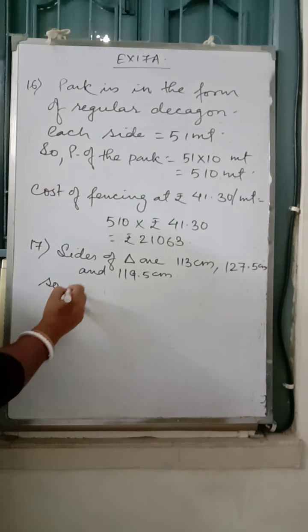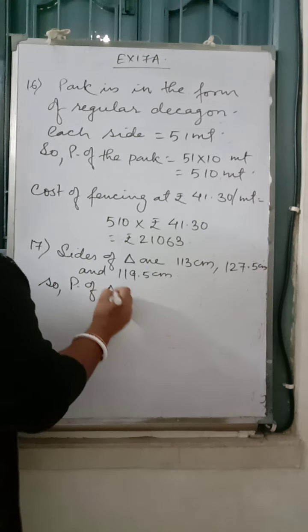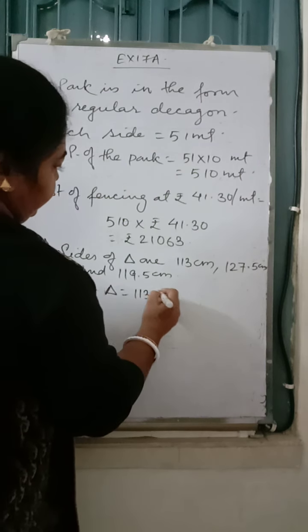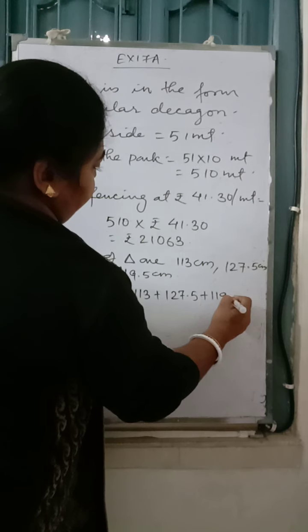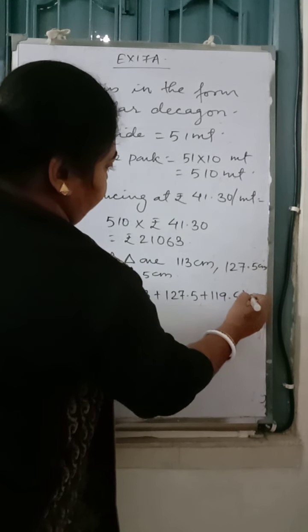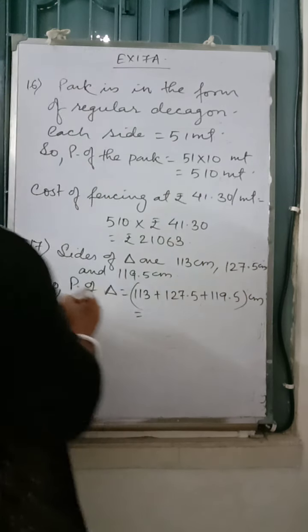So the perimeter of triangle would be 113 plus 127.5 plus 119.5 centimeter. When we add, we get 360 centimeter.